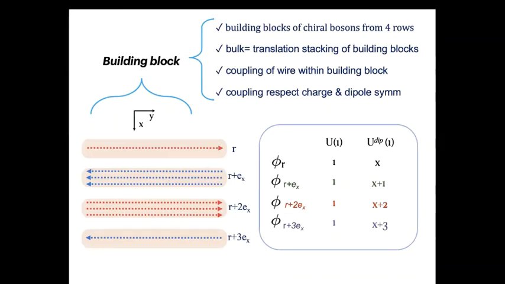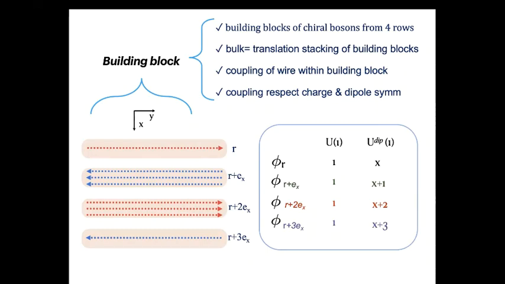So in order to manifest such a coupled wire construction, we probably want a building block. The building block contains some chiral fermions from different rows. Here I have a chiral fermion on the first row and on the fourth row, and also 3 chiral fermions and anti-propagating chiral fermions from the second and third rows.